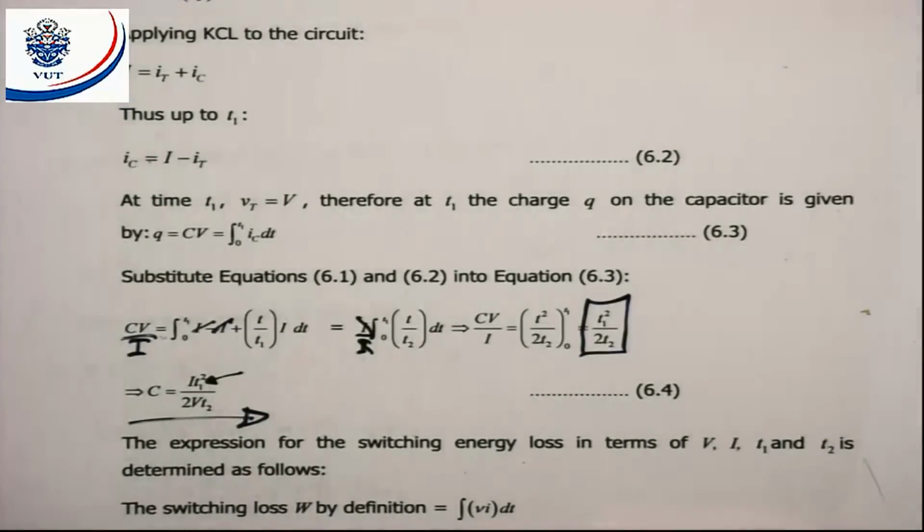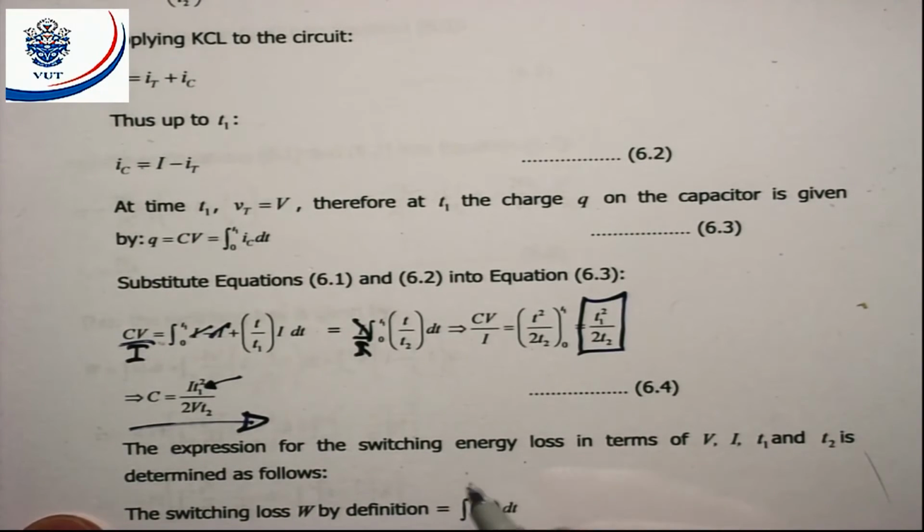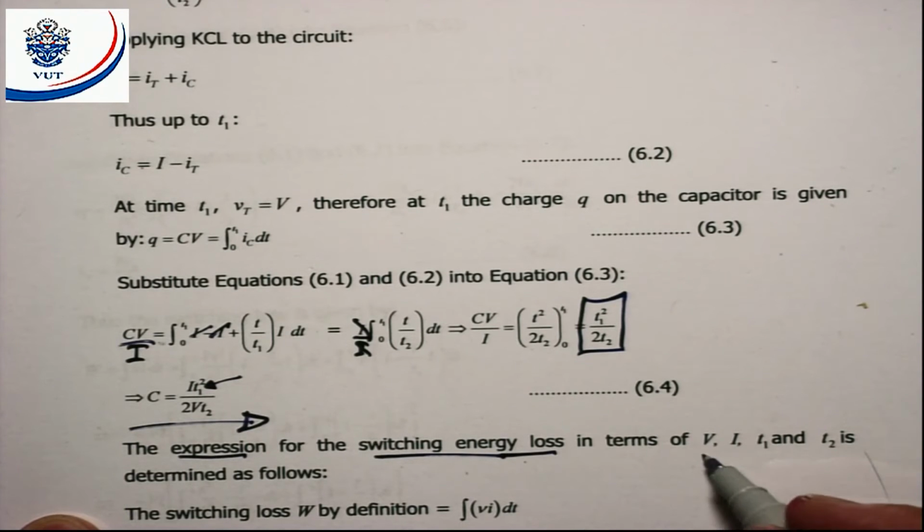So when I look at the definition of switching loss, I want to get an expression for the switching energy loss in terms of V, I, T1, and T2.